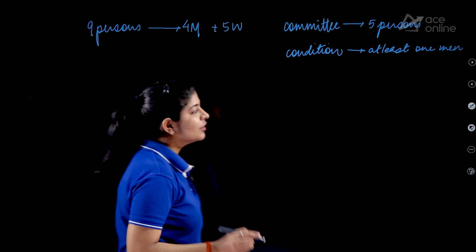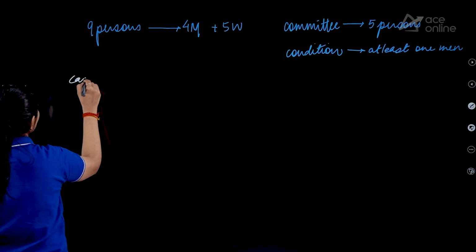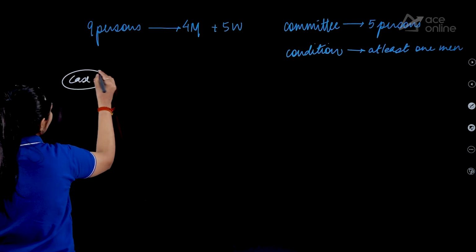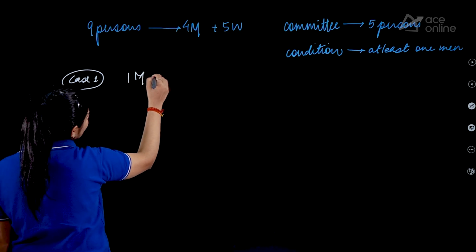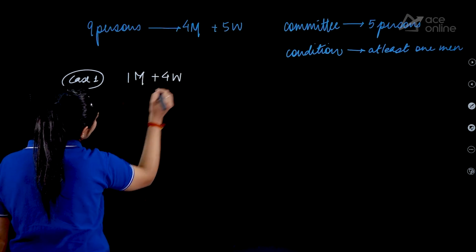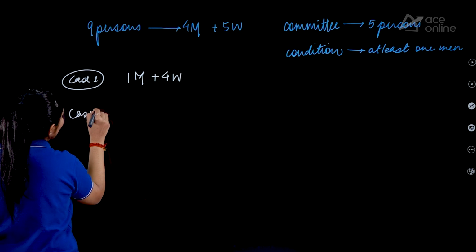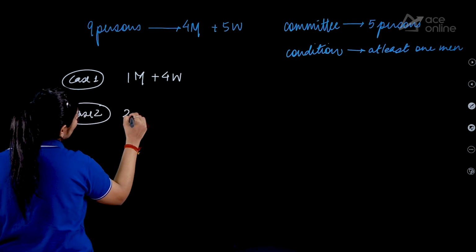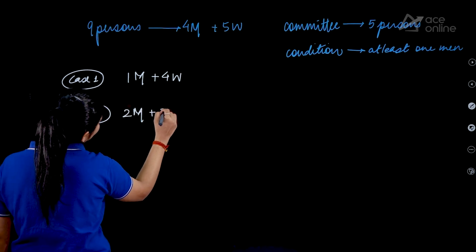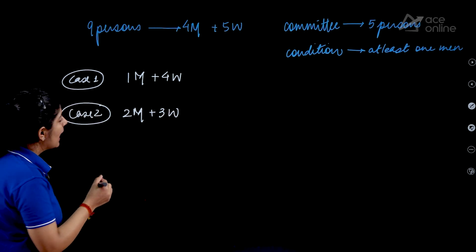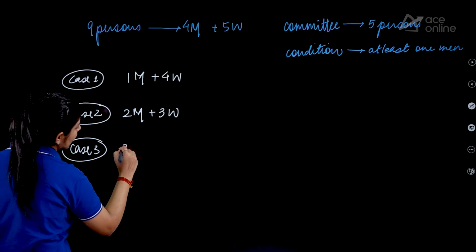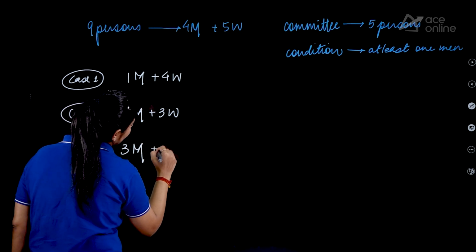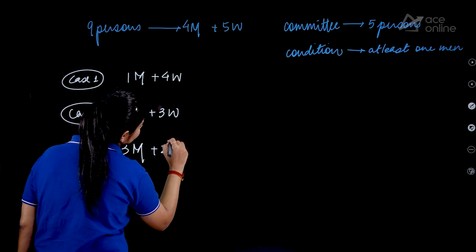Okay. So the first case that I am having, case 1: maybe in these 5 persons, I am having just one man plus 4 women, right? Case 2 says that maybe I am having 2 men and 3 women. I may have case 3 in which we are having 3 men plus 2 women.